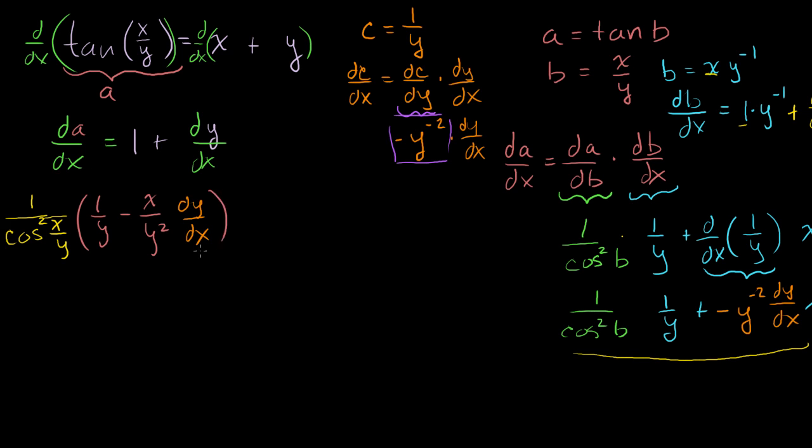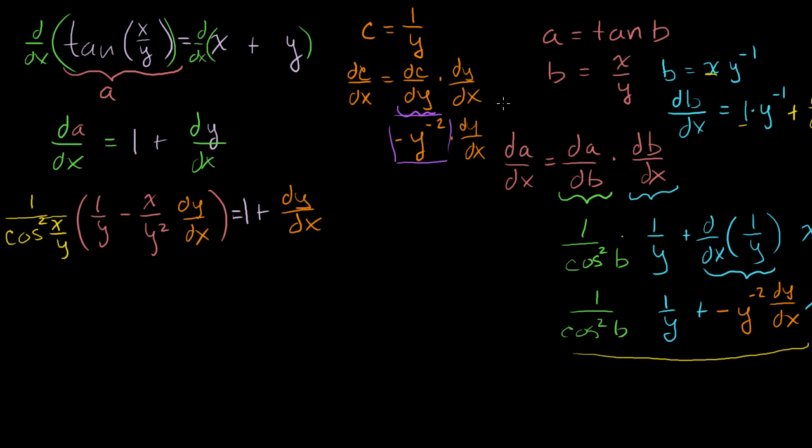And then that is equal to the right-hand side. It is equal to 1 plus dy dx. And now all we have to do is solve for dy dx. So let me just review how we got here.